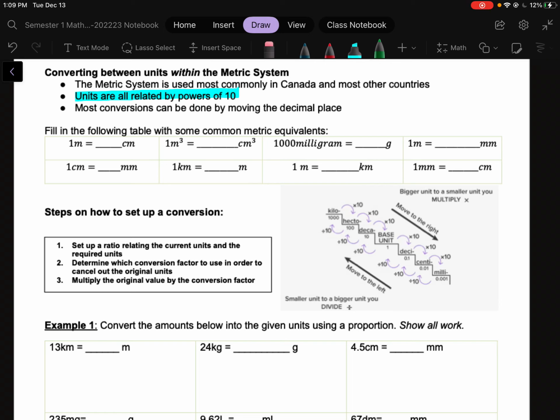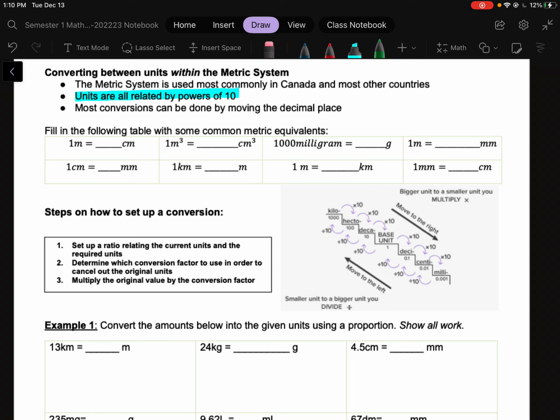Here we have 1 meter and we want to convert it into centimeters. To go from meters into centimeters, we add 2 decimal places, because we are moving our decimal place over to the right twice to make the number larger.